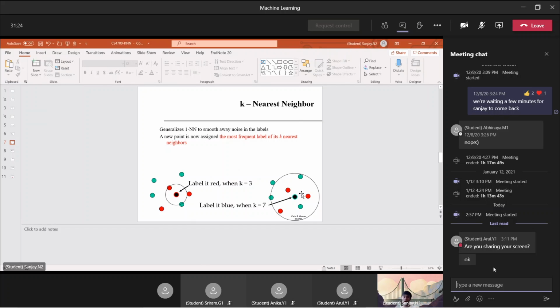Here, when it's k equals 7, we look for the 7 nearest neighbors, and in them, 1, 2, 3 are green and 1, 2, 3 are red. In this case, since it's a tie, the algorithm would basically assign it a red and a green value. It wouldn't say, okay, let's have some other metric to break the tie.